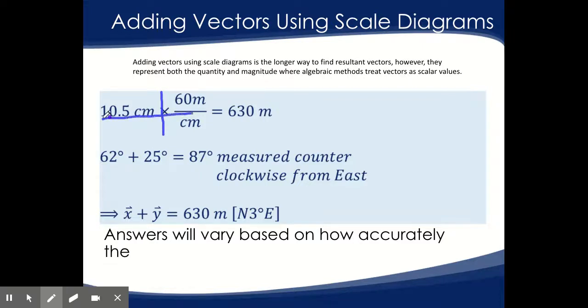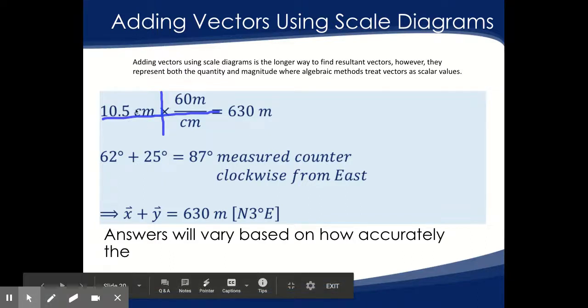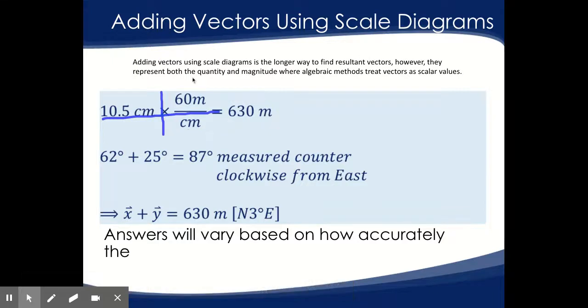This is how I do it. That's fine if you want to do it the way the slide has it, but this is the way I would do it. So I'd have 10.5 centimeters. Centimeters goes on bottom. It's 1 equal to 60 meters, because that was the scale that we created, to get you 630 meters. So this one, obviously, this is a typo. That should say 9.5. So this wouldn't be 630 actually, but that's the idea.